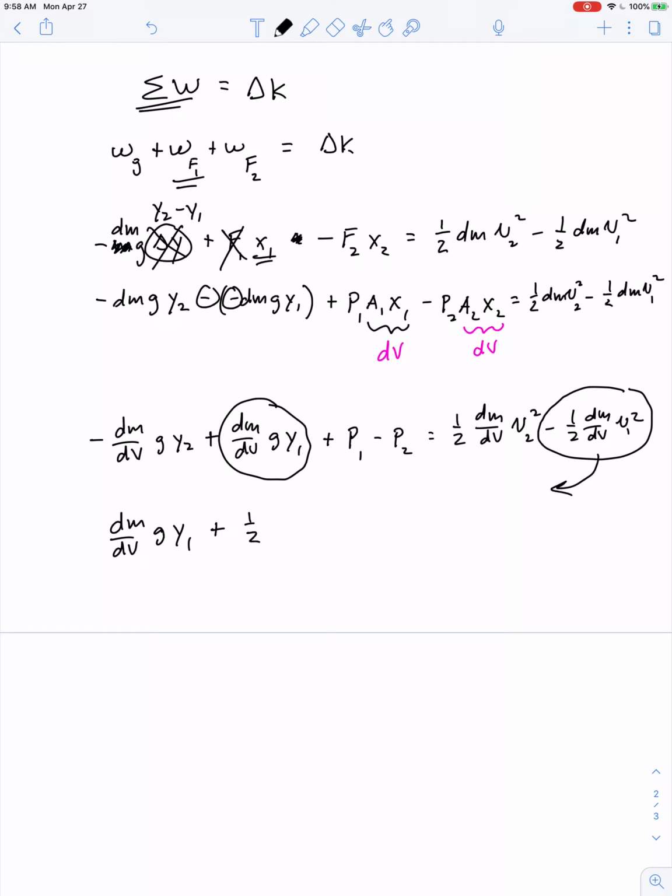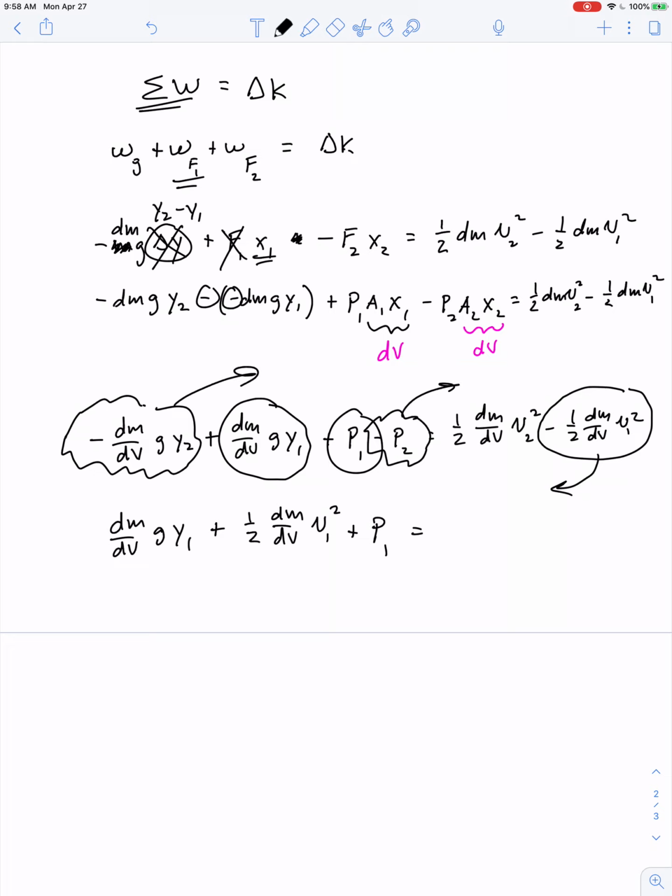So plus 1/2 dm/dV velocity number 1 squared plus p1 equals, then I can take this negative term and this negative term and bring them both to the other side of the equation.